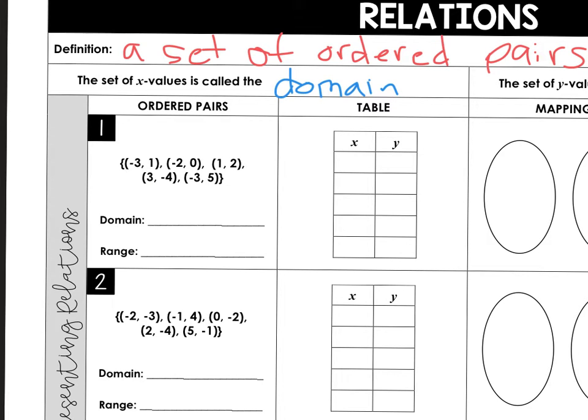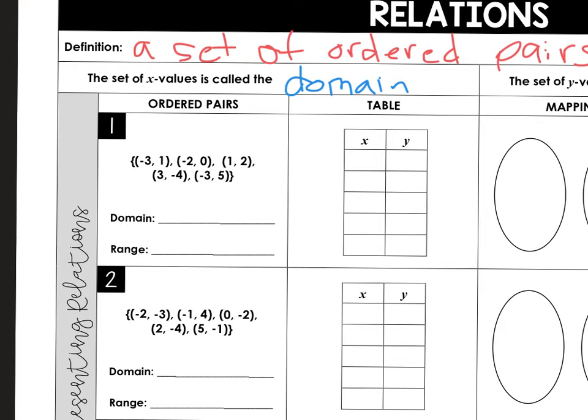So if we're looking at the domain and the range for number one, the domain are all the x values. So let's look at what we have. We have a -3, a -2, a 1, a 3, and a -3. When we write this down, we're going to write it from smallest to biggest.